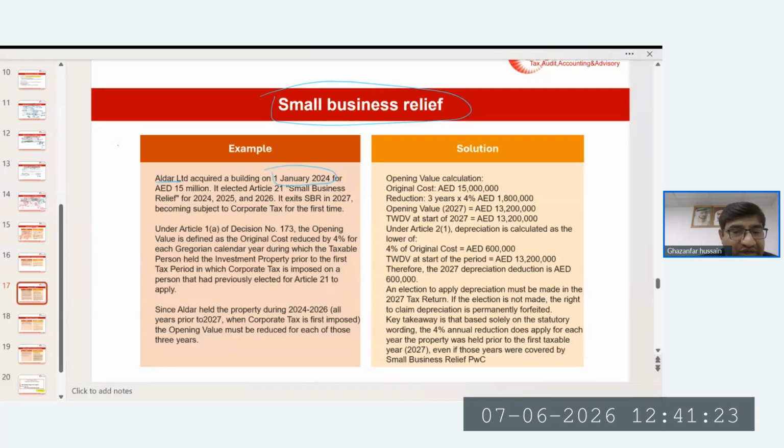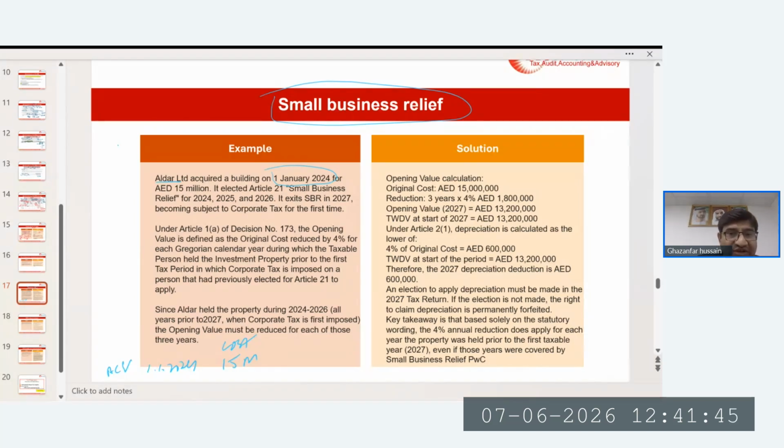The first point, the acquisition date. Okay, what is that? 1st Jan 2024, at 15 million. So this is the cost. This is the first point that we require while applying the Ministerial Decision 173.